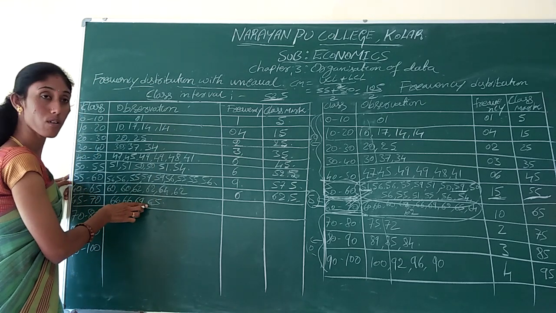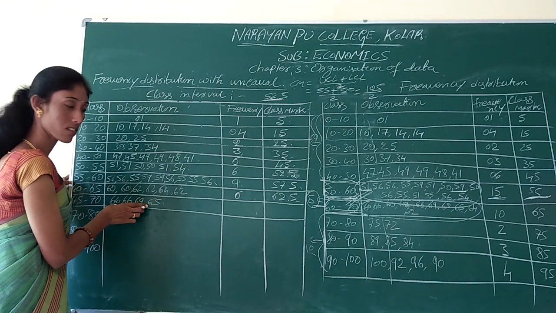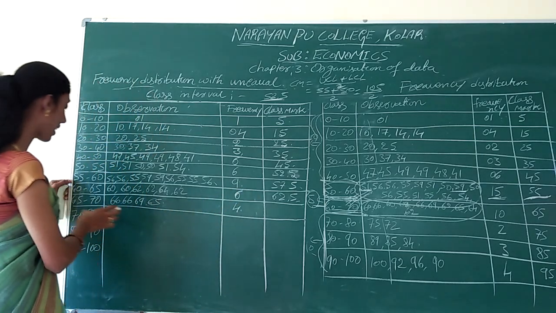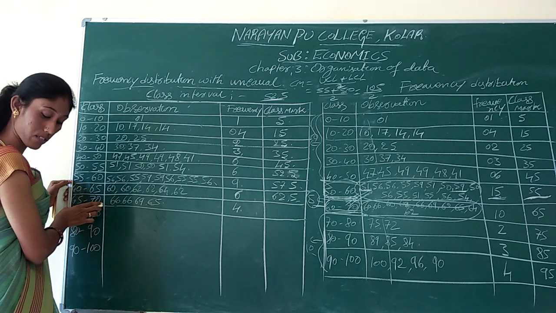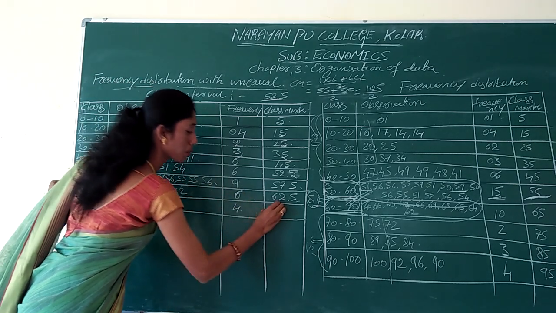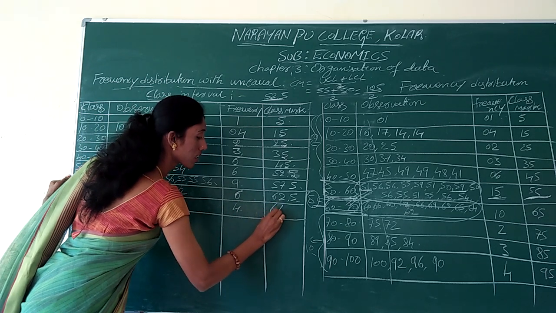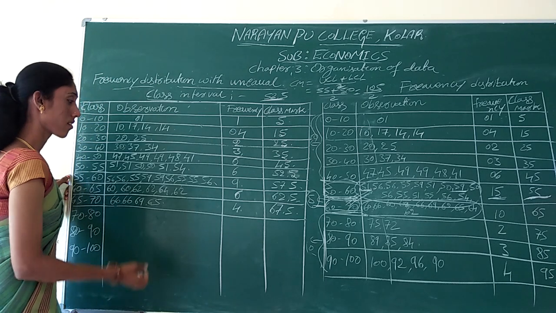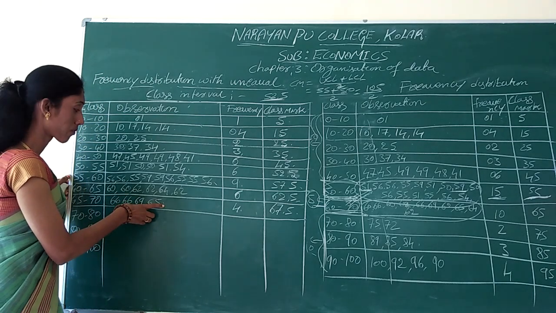There are 4 observations, and here we will write 4, and the class mark between 65 to 70 is 67.5. Got it? Maybe you have understood now.